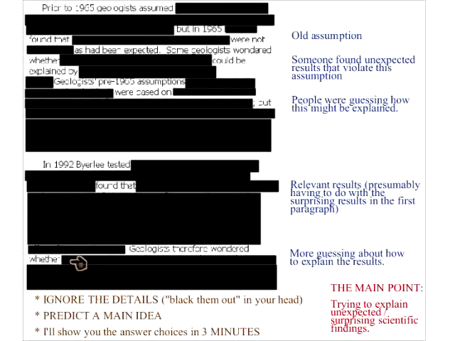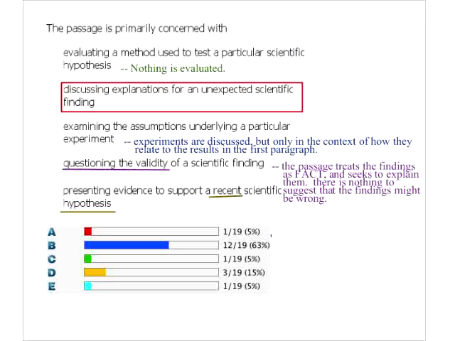No evidence to support it or to refute it. So, 2 things wrong there. First, not discussed until the very end of the passage, plus there's no evidence. It's just they wondered, and then it ends.